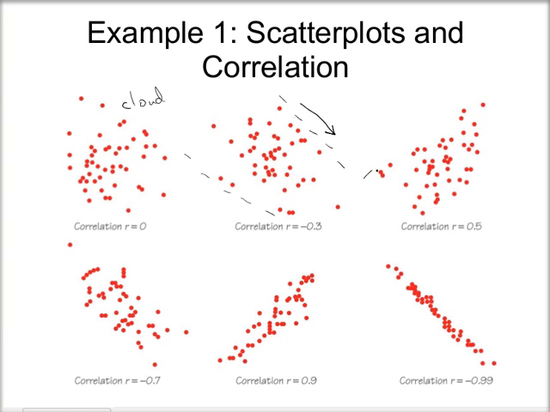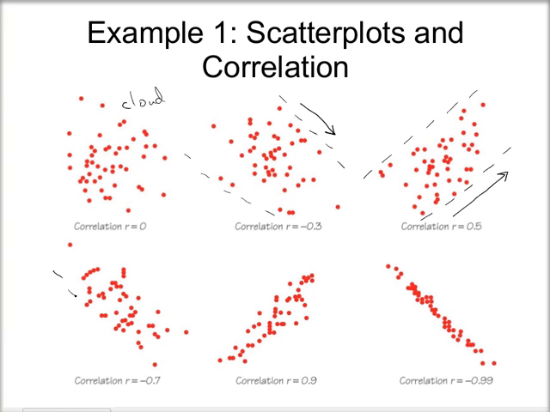In the next picture, my dots are a little more closely grouped, and you can tell in this picture that they're going up as I go to the right, so I've got a positive correlation of 0.5. It's kind of a mid-range. It's not very weak, and it's also not very strong.